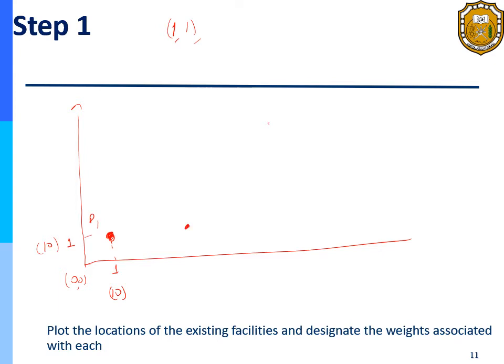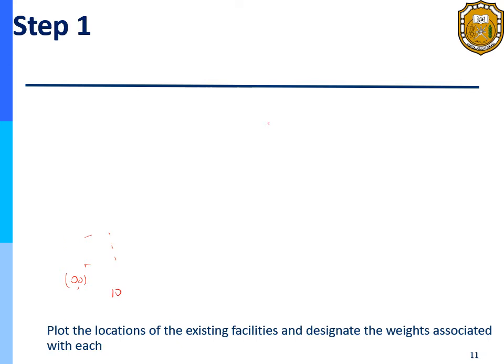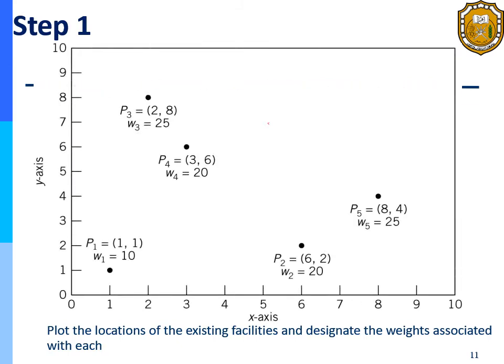Then we have facility P2, let's say. Again, we write its X and Y coordinates and their weights. So the first step is plotting the locations of the existing facilities. Let me show it for our example. So for our example, the plot is something like this.